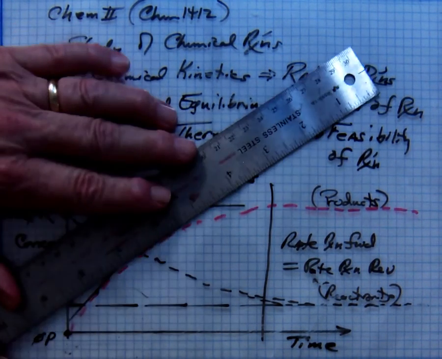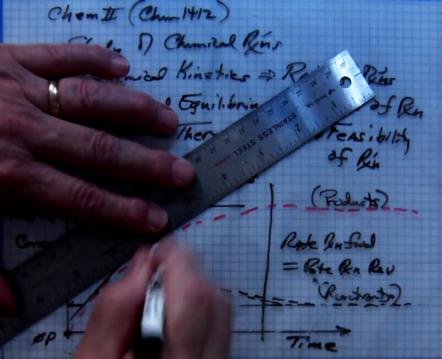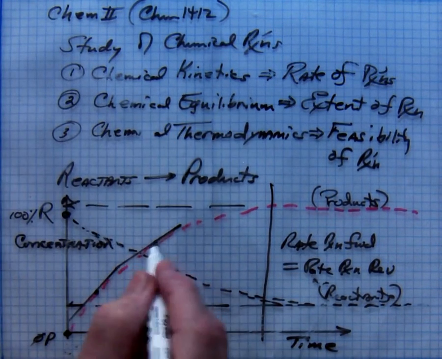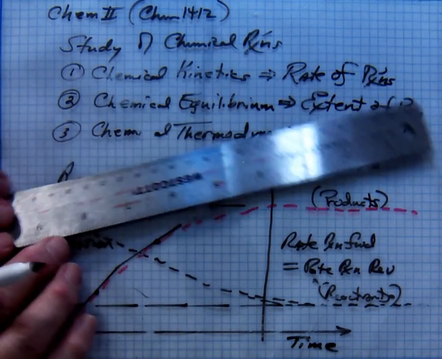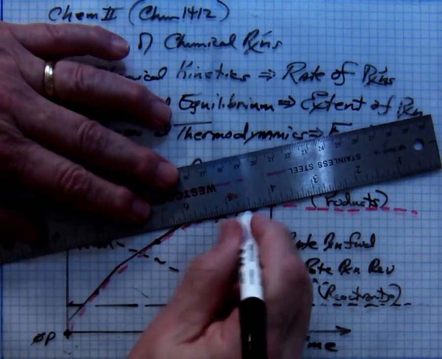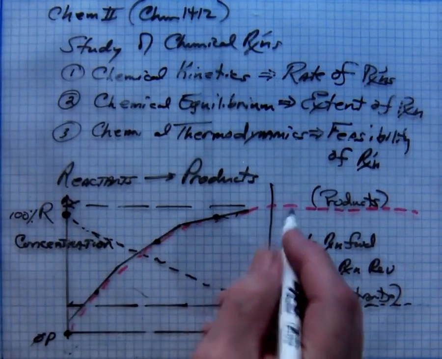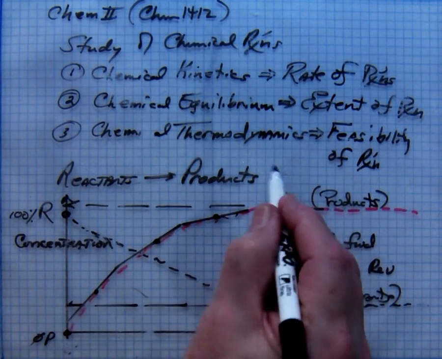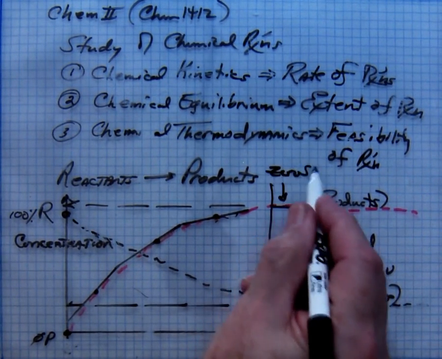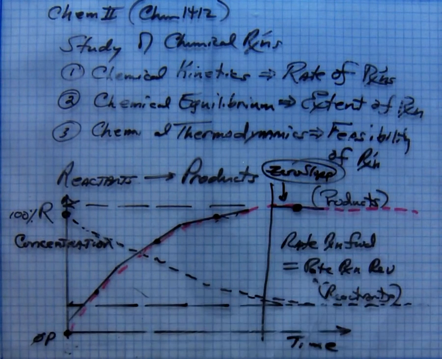And if we took another point, say right there, and drew a tangent line, that's still changing. And if we did another line right in here, it's still changing. Not until we get into this region do we have zero slope. And that's the marker that says you have now entered the equilibrium zone.